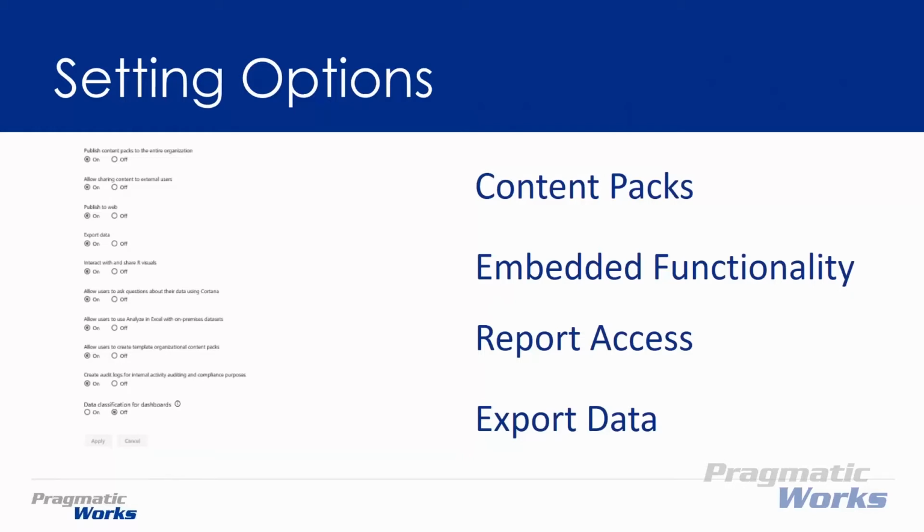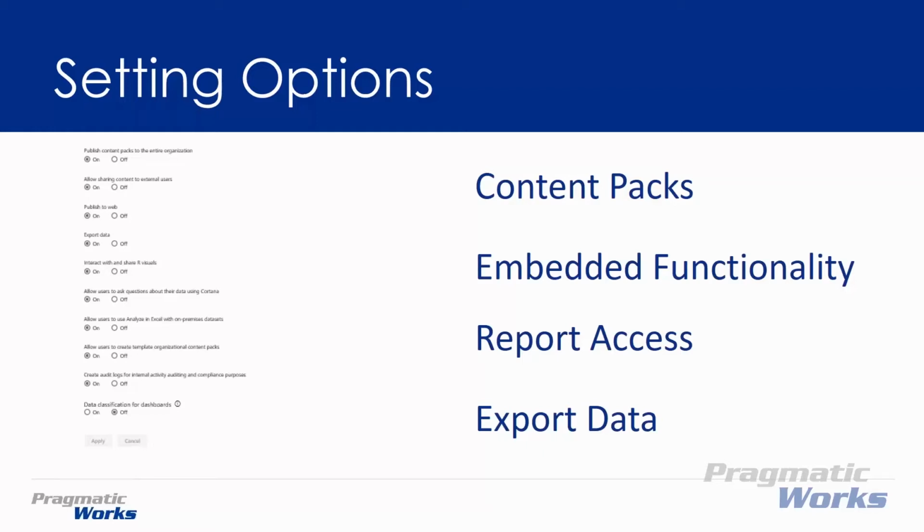The interesting thing about all these options is I don't have the ability to pick users. So either everybody gets to publish to the web or nobody gets to publish to the web. A little story about the publish to the web security option. When Microsoft first created embedded reporting, they did not have, for one week, the ability to turn that off.